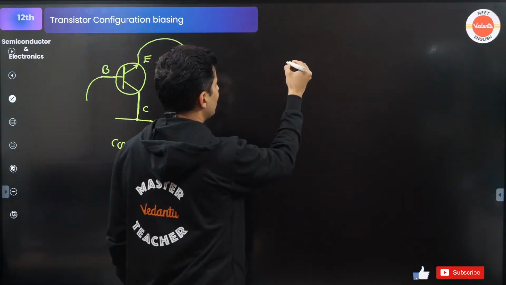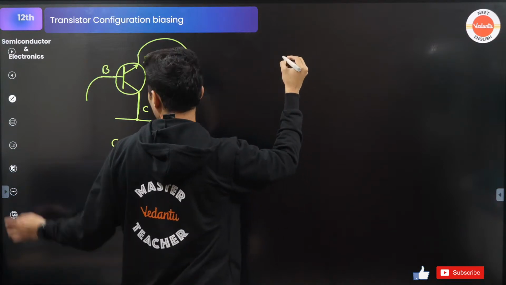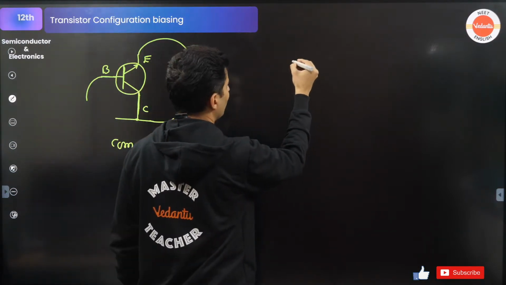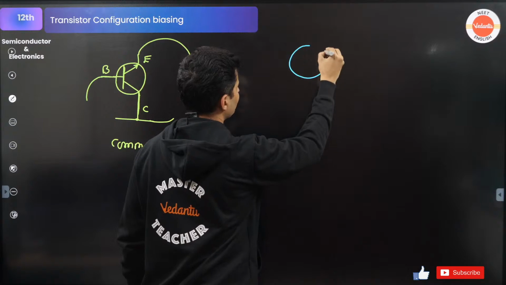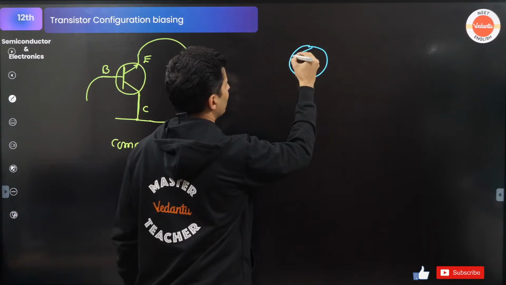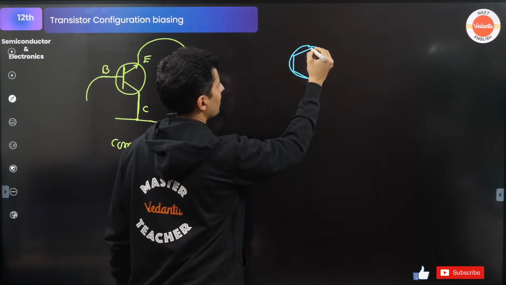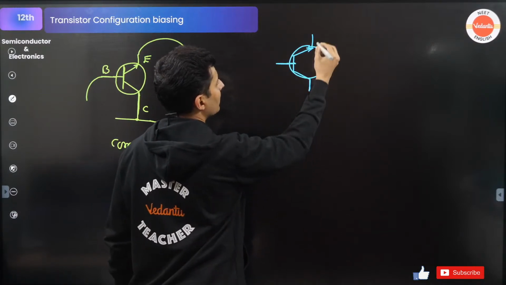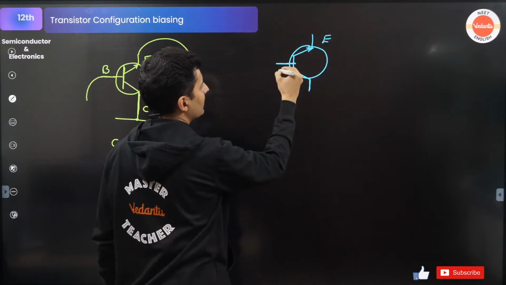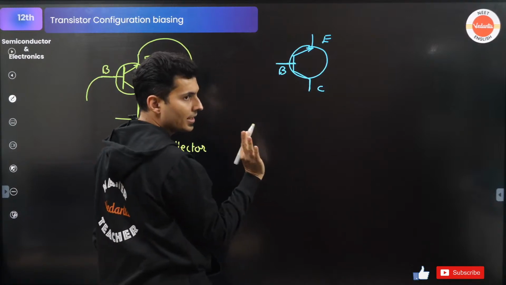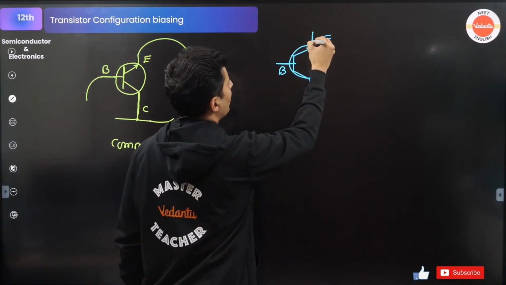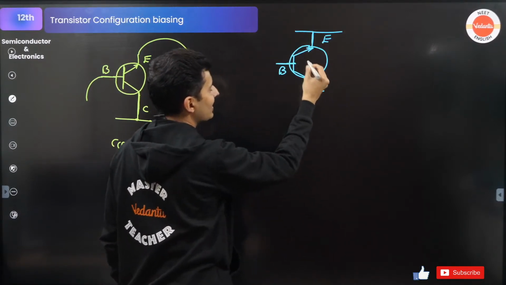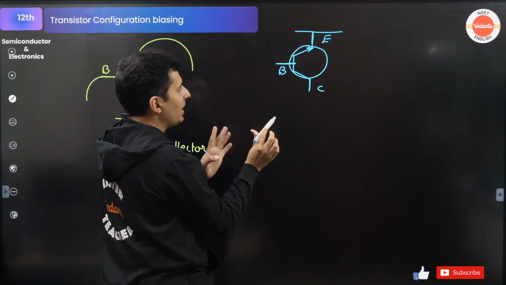Similarly, let me show another mode of connection. Let's say like this. Just take it out over here. This is your emitter, this is your base, this is your collector, correct? What I will do now, from the emitter, I will split it into 2 parts, or rather these 2 parts are merging on the emitter.